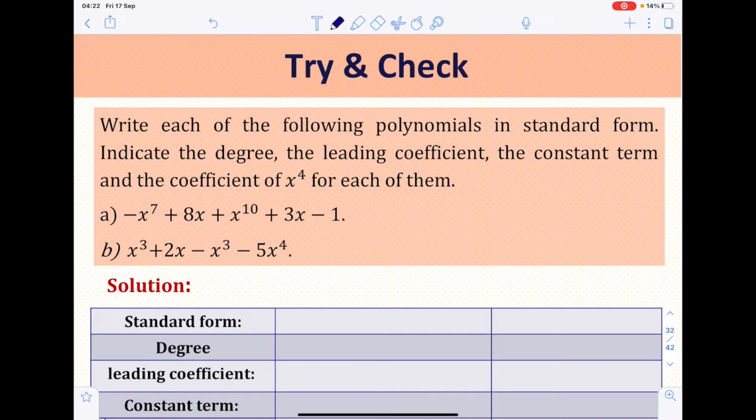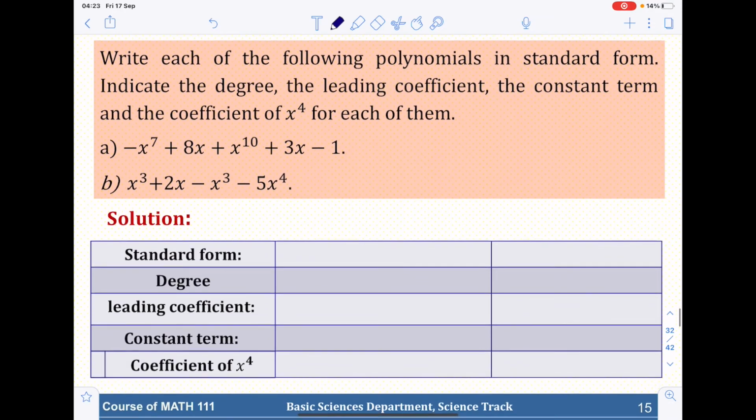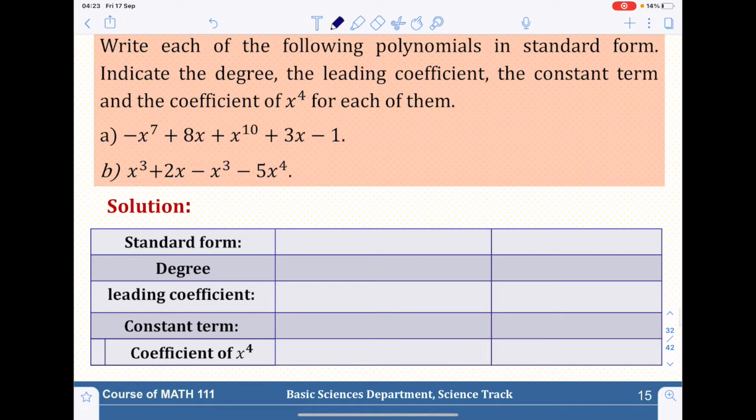Write each of the following polynomials in the standard form, then indicate the degree, the leading coefficient, the constant term, and the coefficient of x to the power 4. Let's see part A. -x to the power 7 plus 8x plus x to the power 10 plus 3x minus 1. What is the standard form of this polynomial?